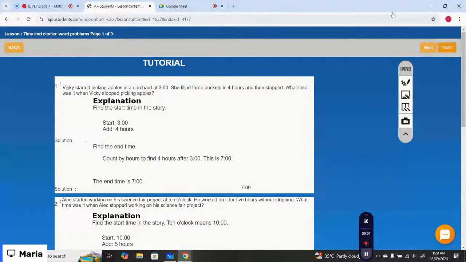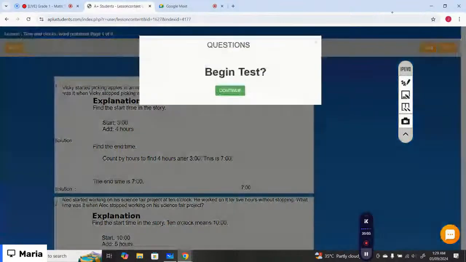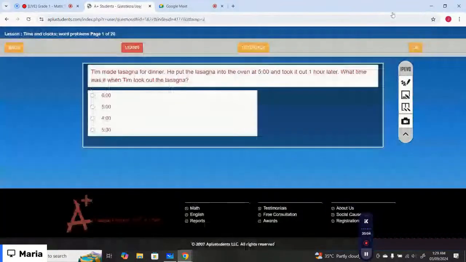Okay, let's just start with the test questions. Tim made lasagna for dinner. He put the lasagna into the oven at 5 and took it out 1 hour later. What time was it when Tim took the lasagna out, which is the correct option? So he put it in the oven at 5, right?